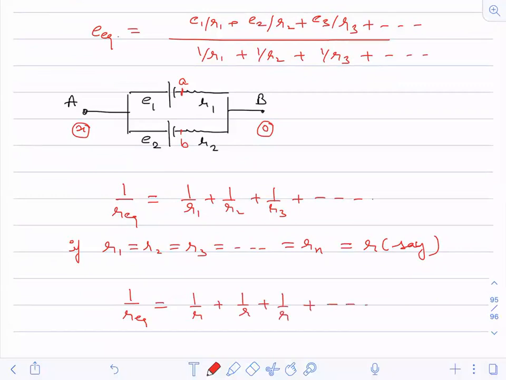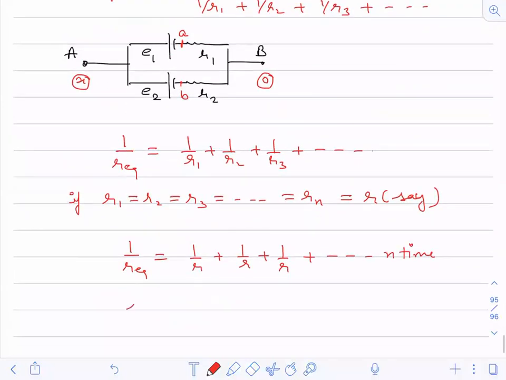N times. So I can write 1 by R equivalent as N by R, which implies R equivalent becomes R by N.